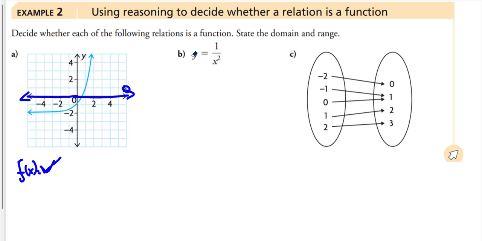And what I tell my students is to ask yourselves a few simple questions. Looking at this function, does this function go all the way to the left? What do I mean by go all the way to the left? I mean, does it continue all the way to the left? And because there is this arrow here, that means this function does indeed continue all the way to the left.